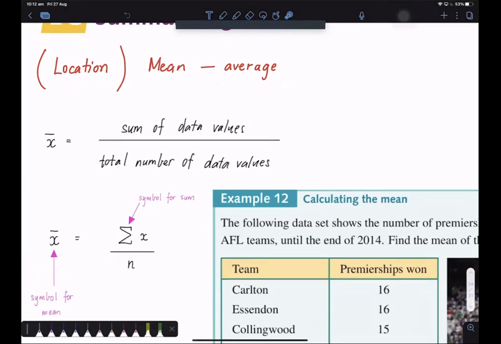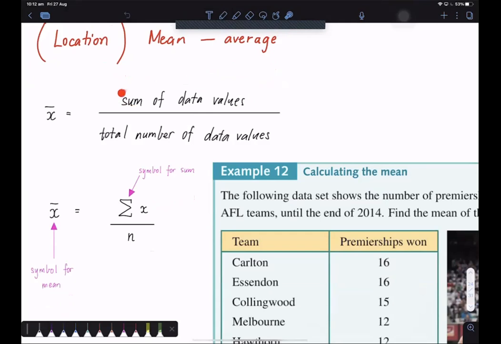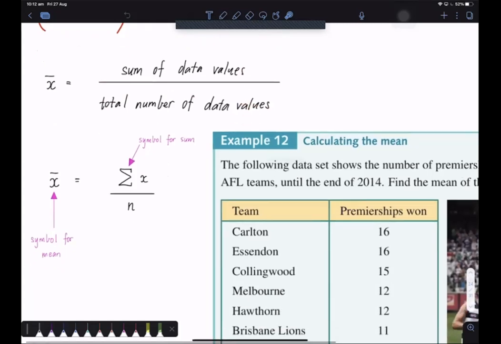That's what it's used for. I'm just putting it into words or in a formula so it's easy to read. We need to sum all the data values, and then divide by the total number of data values.